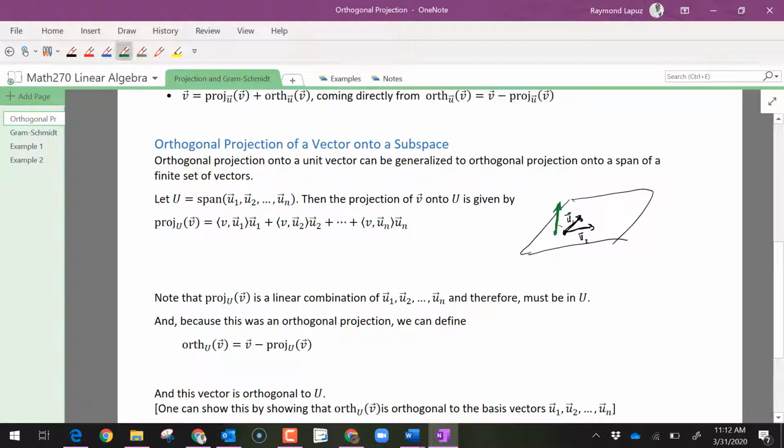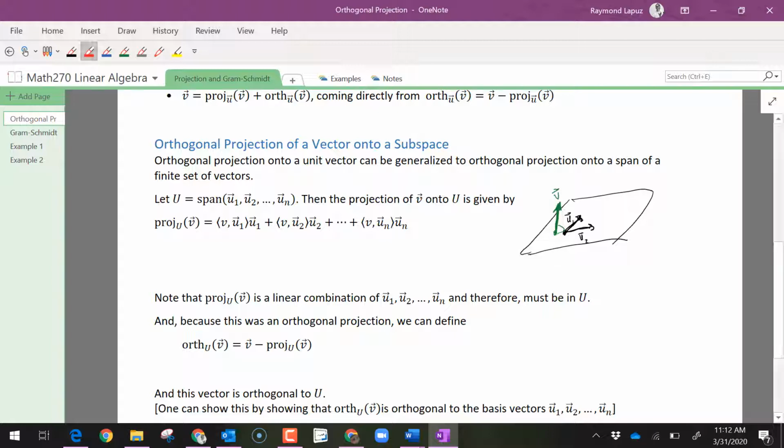So there's some sort of angle there that it's going out of the plane. Then we can find the projection vector of v onto our subspace.